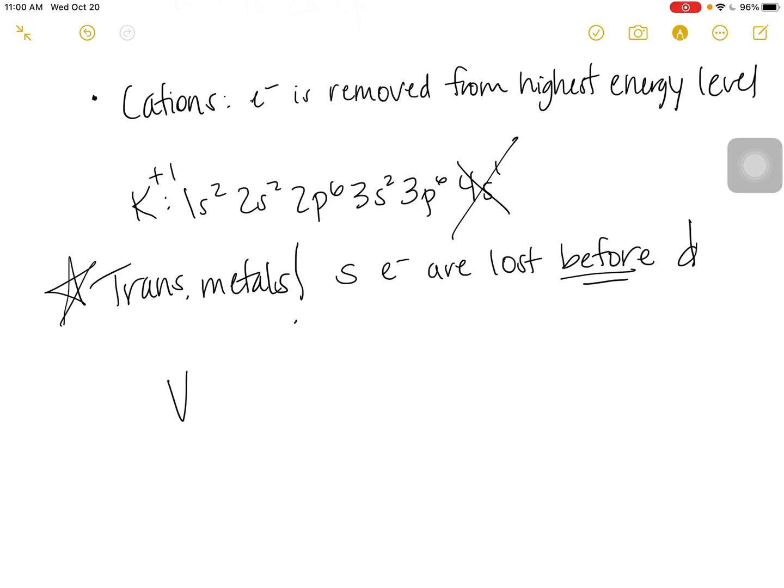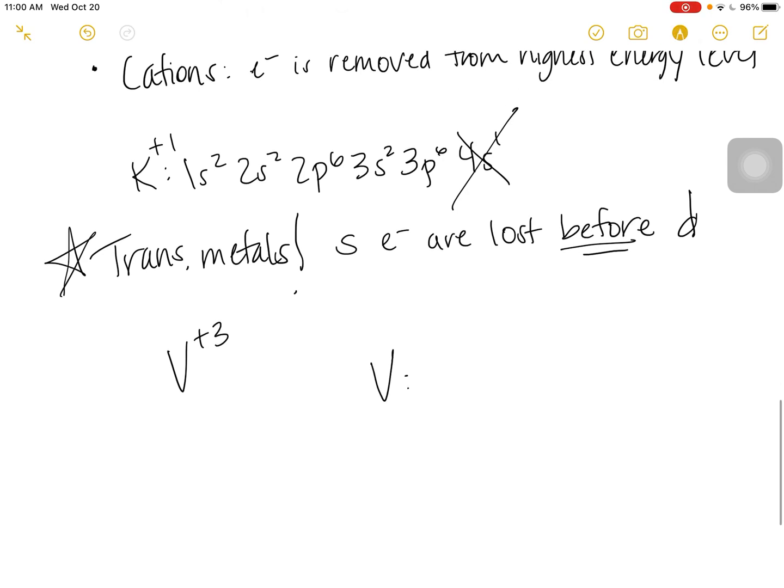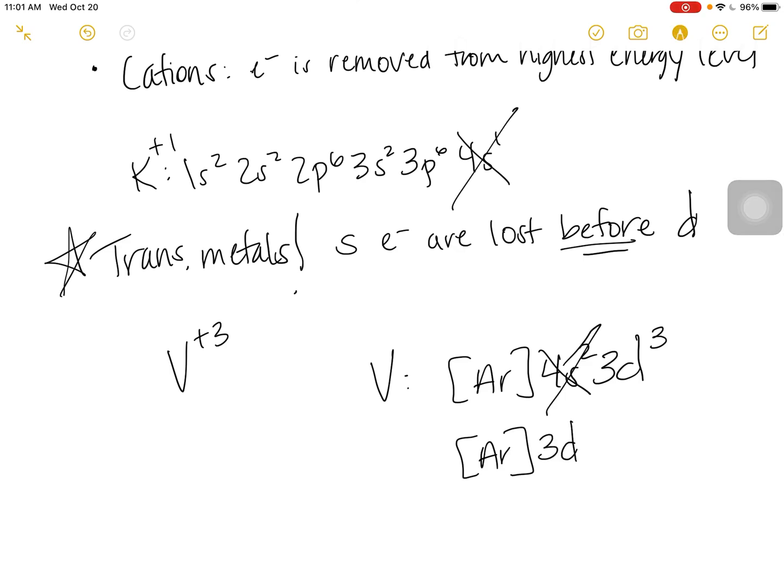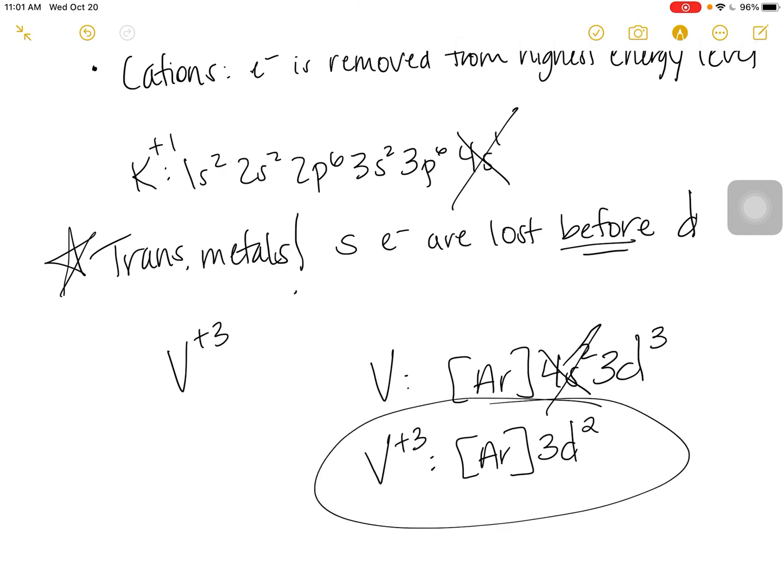Again, vanadium, for example, if vanadium was going to form a +3 charge, we would look at regular vanadium, who has the configuration of argon 4s2 3d3. What students always like to do is remove the 3d electrons, and we now know that's false. We would first remove the 4s electrons, that's 2 of them, and we would remove the third one from the d. So vanadium plus 3 would have this as its electron configuration. Again, a review, but never hurts to hear it again.